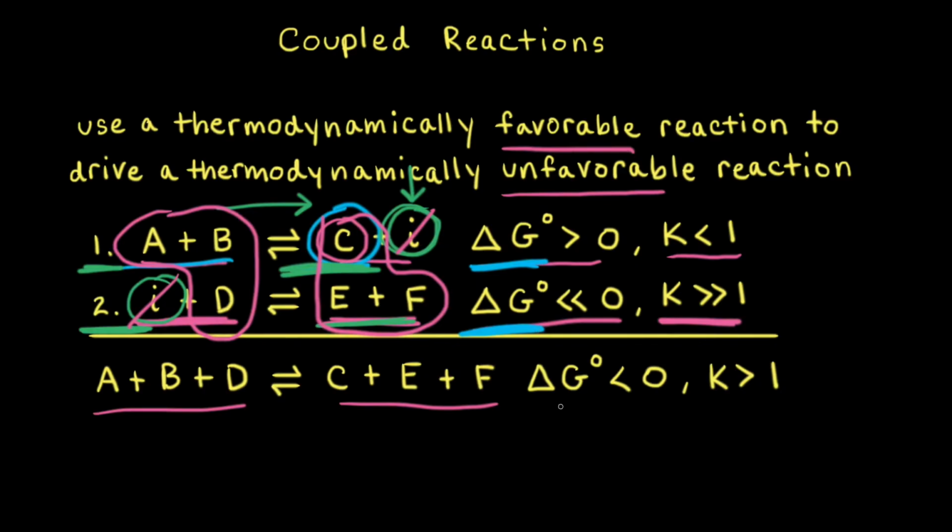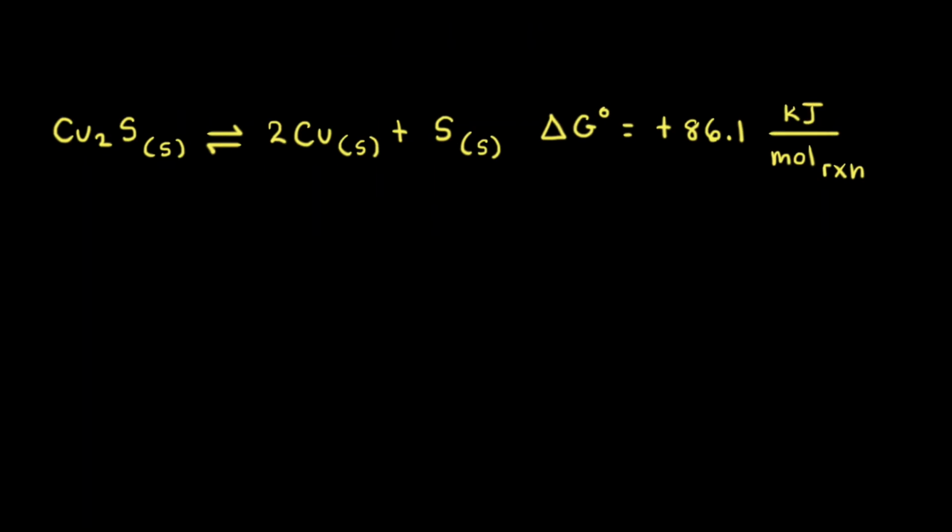So delta G naught for this overall equation would be less than 0, which tells us this overall equation is thermodynamically favorable, and the equilibrium constant is greater than 1, which means at equilibrium, we'll have a decent amount of our desired product C.